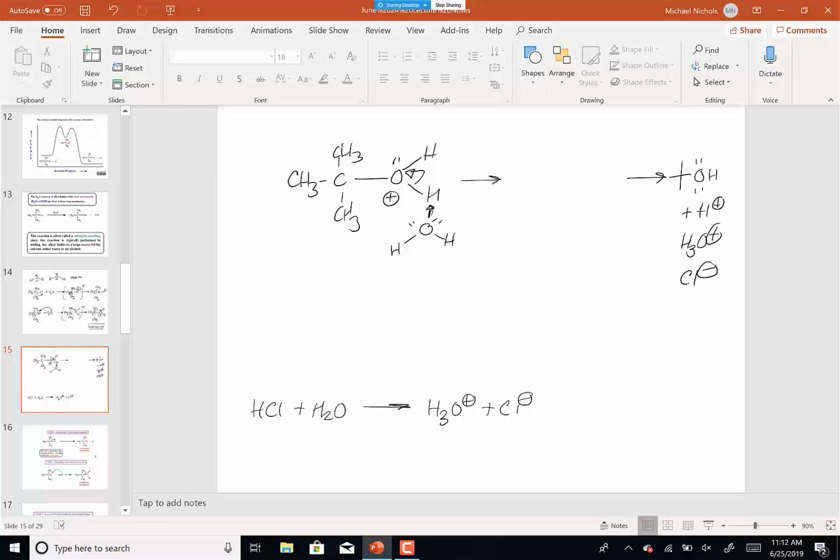We got one more thing, transition state. So without the other water molecule present, what's the transition state going to look like? A partial bond, oxygen to the hydrogen that's being lost.